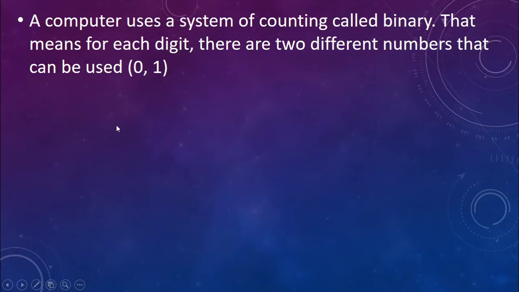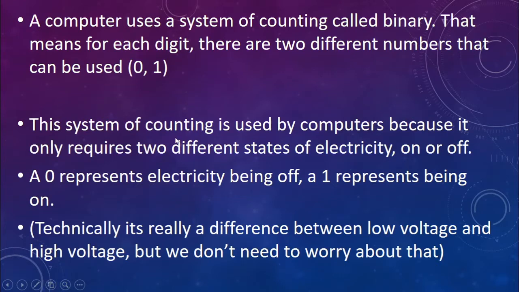So, moving on. A computer uses a different system of counting called binary. So that means for each digit, there's two different numbers that can be used. Instead of having 10, you can only have two, either a 0 or a 1. So, this system is used by computers because it only requires two different states of electricity, either on or off.